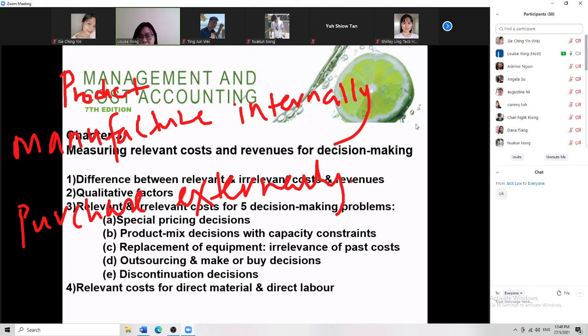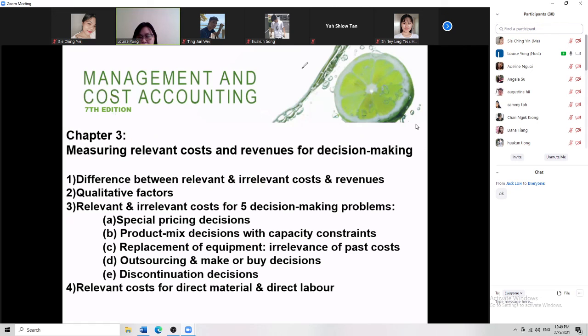Okay, number 5, the fifth one means discontinuation decision. Discontinuation decision means that sometimes some division or some branches, let's say, are always making losses.